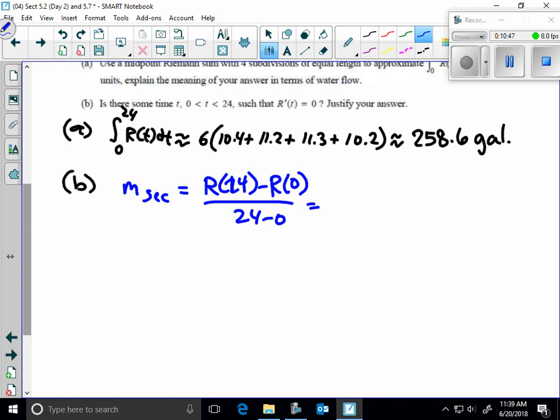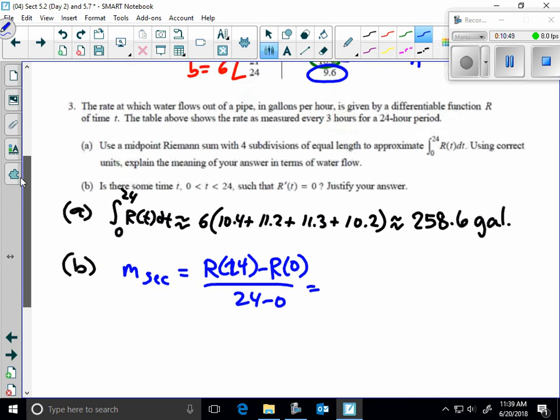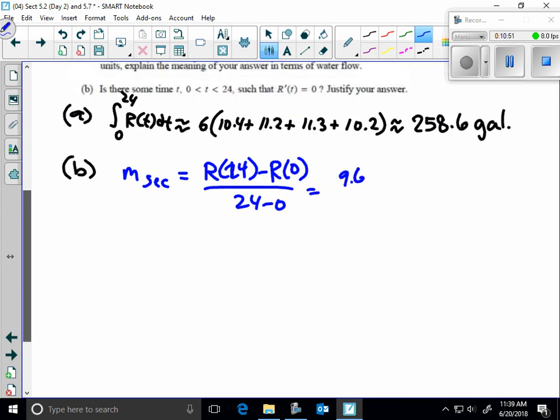Each of these, r of 24 and r of 0, are both equal to 9.6. So I take 9.6 minus 9.6 over 24 minus 0, which would be 0 over 24, which is 0.